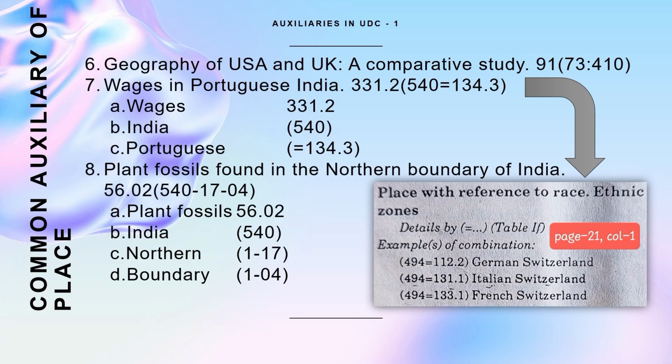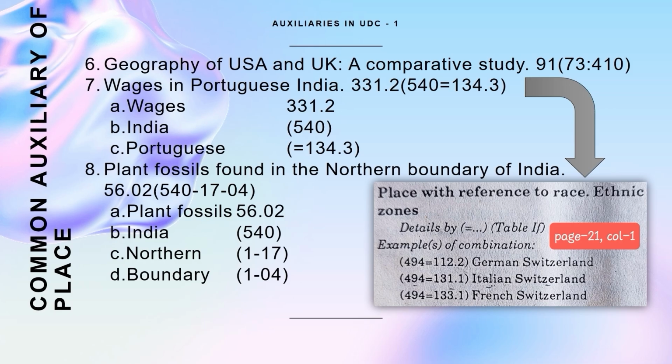1-04, that is boundary. So in case of the notes, you see in the schedule there is an instruction that you can use this special auxiliary for a particular locality, that is the particular locality number replaces this 1.